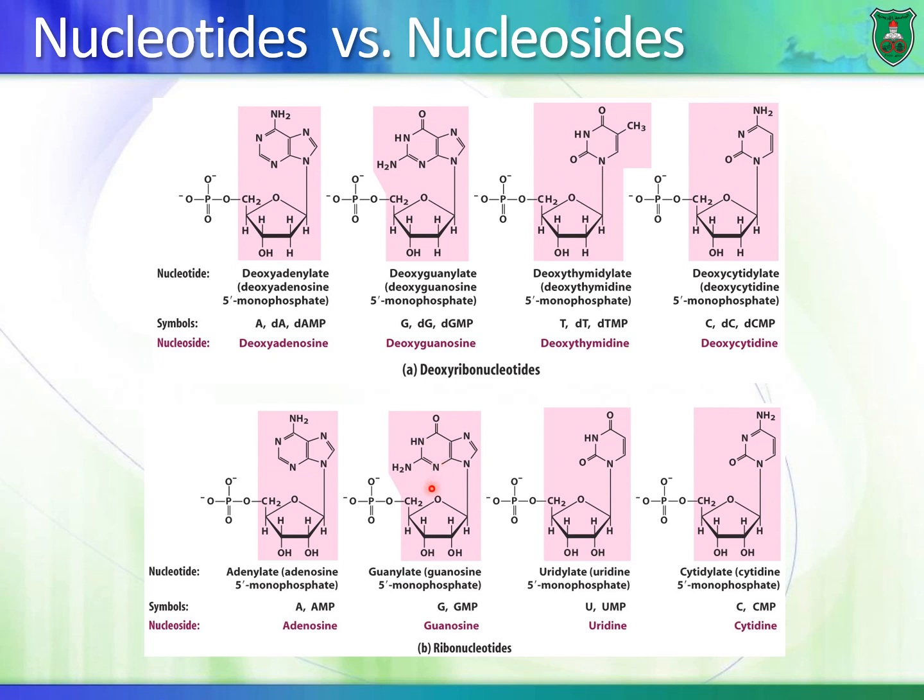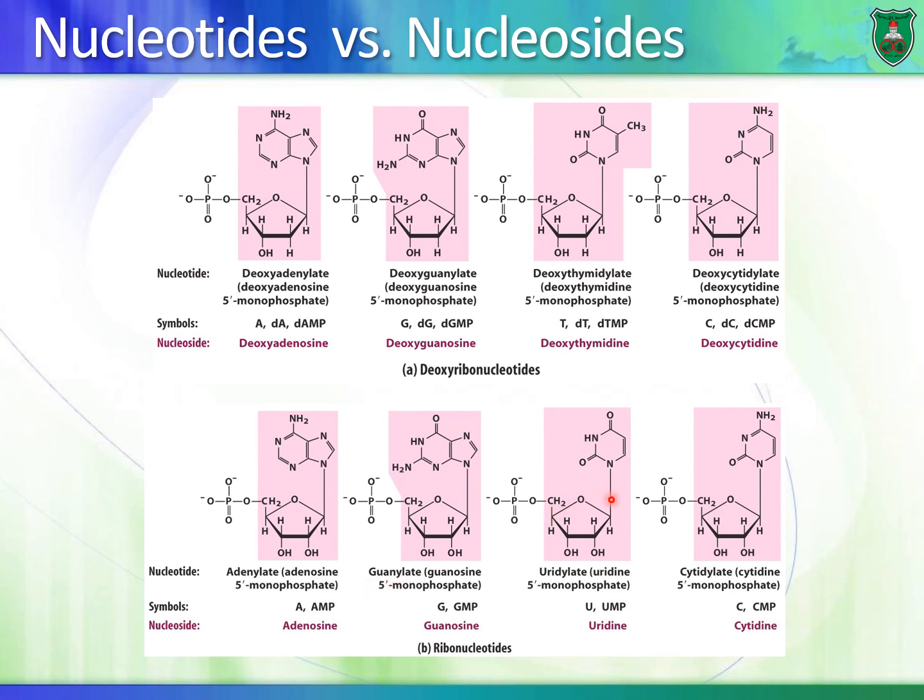It's a purine. You look at it specifically and you say, aha, it's a guanine. So as a nucleoside, you say it is a guanosine. When you add a phosphate, it becomes guanosine monophosphate. So that's the name of the nucleotide, or you can simply say guanylate.